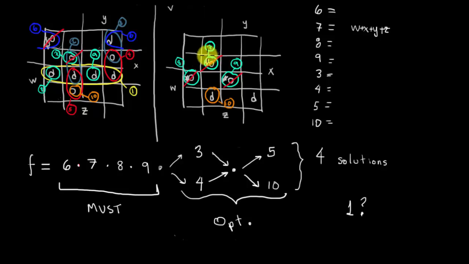So x is 1, but we want the function to be 0, so we need to invert x. For variable y is 0, so we leave it like this. And finally, variable z is 1 in this cell, so we need to invert it. So this would be the final expression for group number 7.